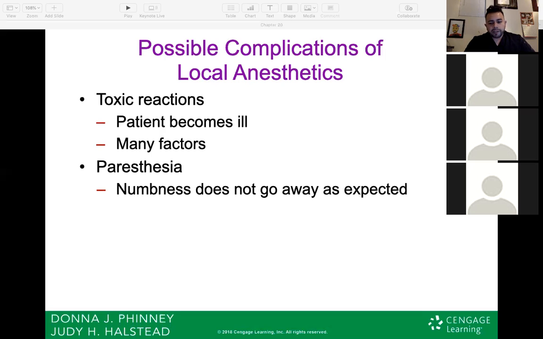A lot of the time the paresthesia goes away. Unfortunately, sometimes it can take a couple of months for that numbness to go away. And then there are some rare cases where the paresthesia does not go away at all. Those are some of the things that the doctors need to be aware of, but you should know what paresthesia is and what to expect if it does happen in your office.